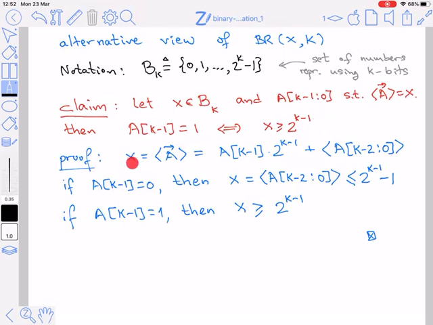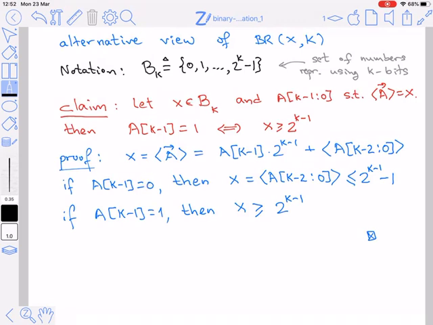The proof is quite trivial. If x is represented by a, then we can expand the number that a represents by the power series. We take the first coefficient, multiply it by its weight, and we're left with the remaining part of the string. Now we consider two cases. Either a sub k minus 1 is 0 or it's 1.